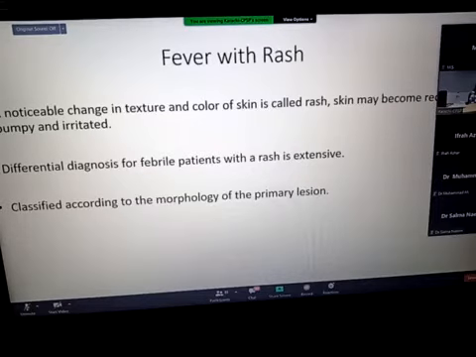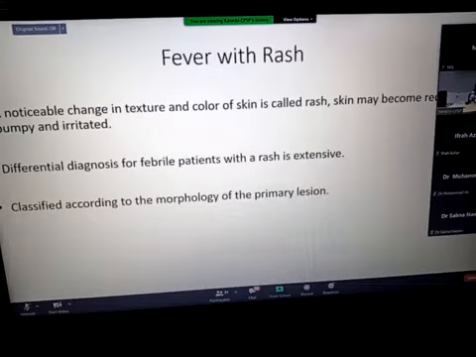If there is a noticeable change in texture and color of the skin, it is called rash. It may be red, the area may be itchy, it may be bumpy and irritated. The differential diagnosis is extensive, and there are some variables which must be taken into account to get to the proper diagnosis of the disease.